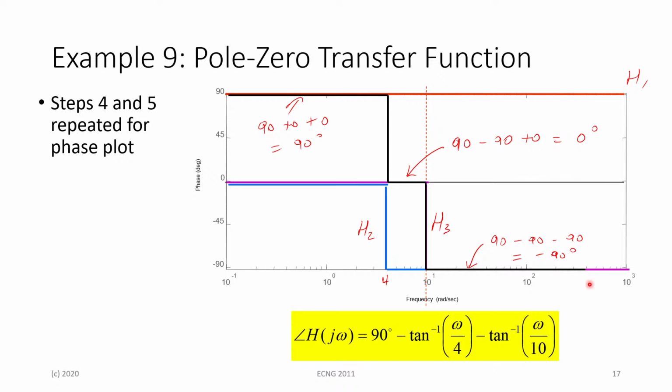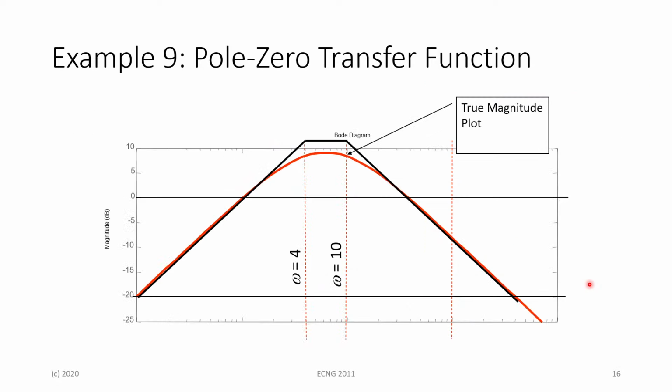Red line on slide 6. Oh no, you don't have to plot that red line. That red line is just basically the true magnitude plot. That's just for comparison illustration purposes here. You're just required to do the straight line approximation, which is basically the black line.